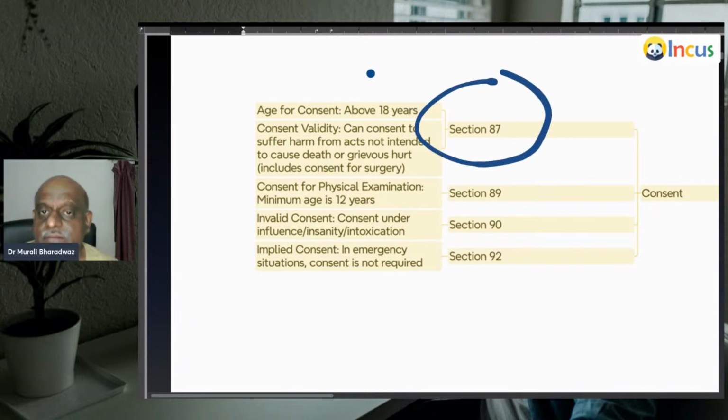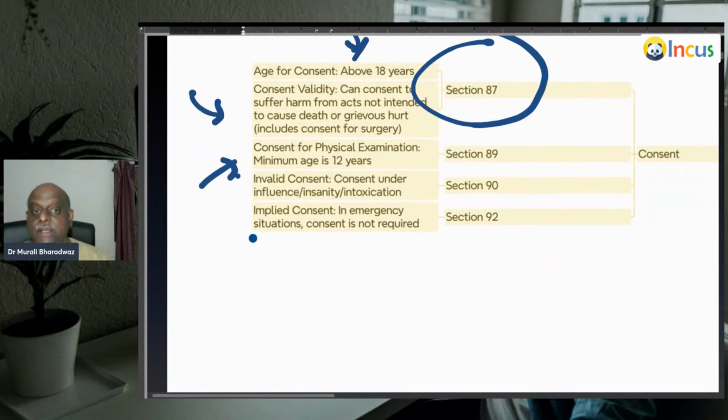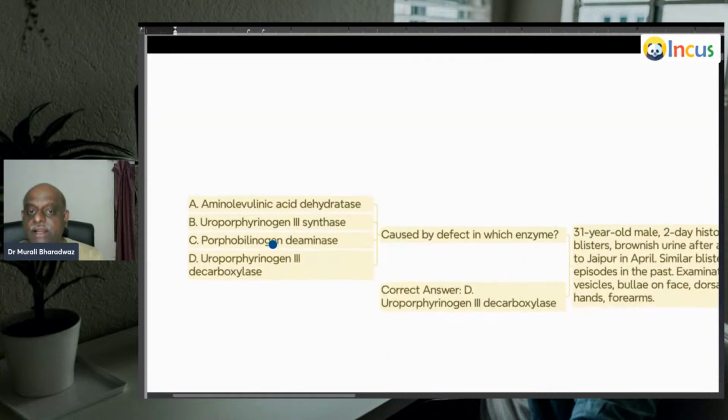Section 87, above 18, one can give consent to suffer harm from acts not intended to cause death or grievous hurt, including consent for surgery. Section 89, consent for physical examination, minimum age is 12 years. Section 90, consent under influence, insanity, intoxication is invalid consent. Section 92, implied consent. In an emergency situation, consent is not required according to Section 92.